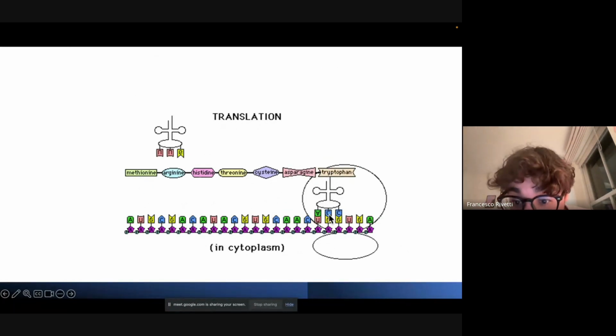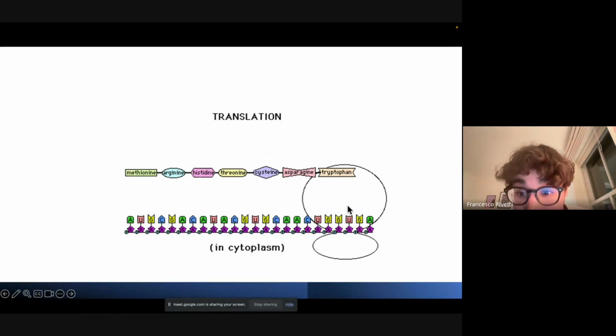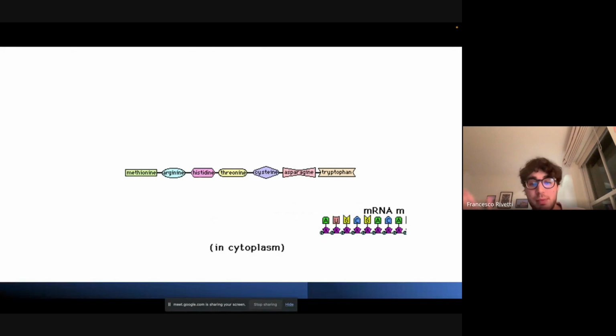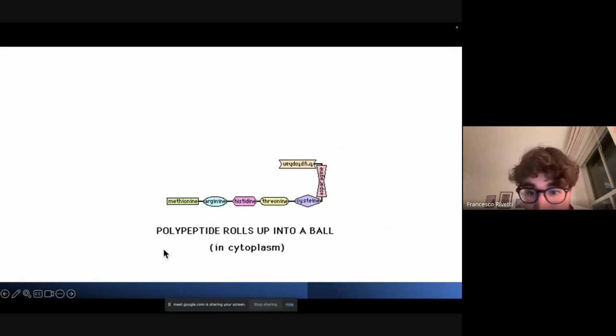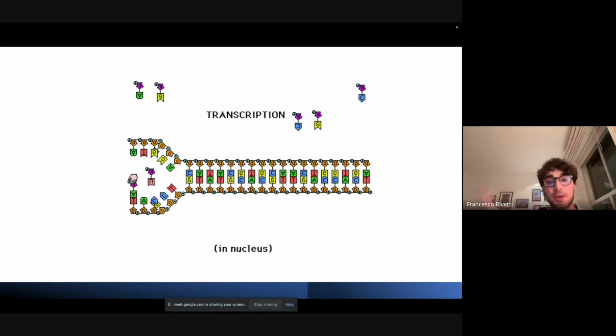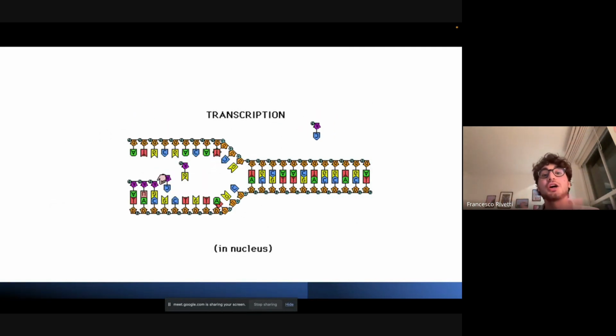And as you can see, each codon, which is 3 bases, makes up 1 amino acid. And now the mRNA is gone, and we have this beautiful chain of amino acids that will fold, forming a functioning protein. So this is essentially what I would like for everyone to understand.